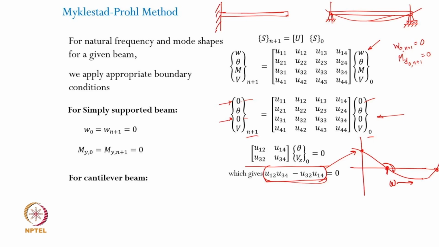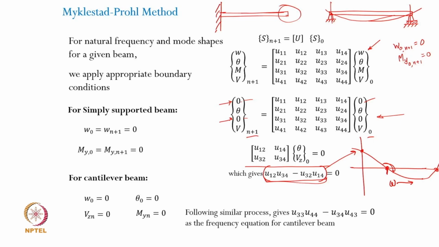Deflection 0 and slope is 0, and on the extreme right, which is a free end, okay, in that case it is going to be shear force 0 and bending moment 0. So that is how at the nth location or n plus 1th location, these are the boundary conditions, and you can follow the same process as we discussed here. You will find out that you get a new frequency equation, and the same approach then gets followed, okay.